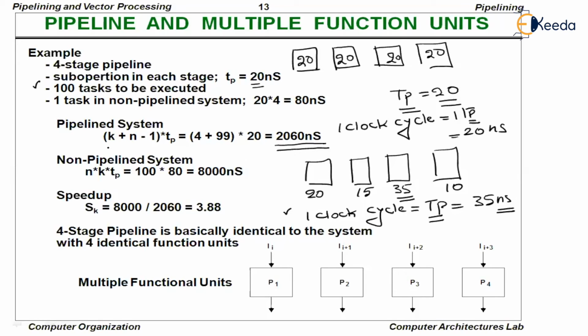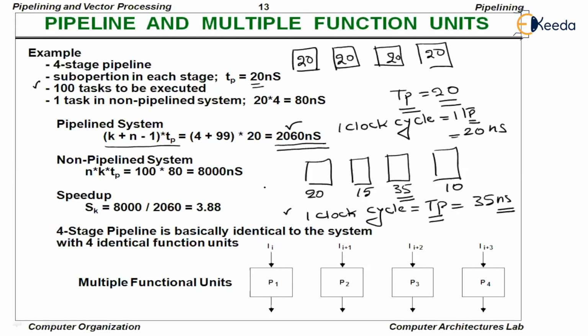When you apply this rule with 100 tasks, 100 plus 4 minus 1 is equal to 103. 103 into Tp, with Tp equal to 20 nanoseconds, so the total is equal to 2060.